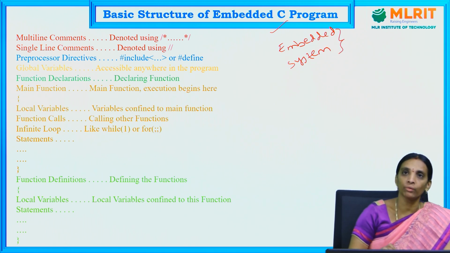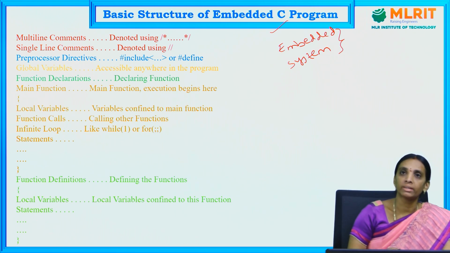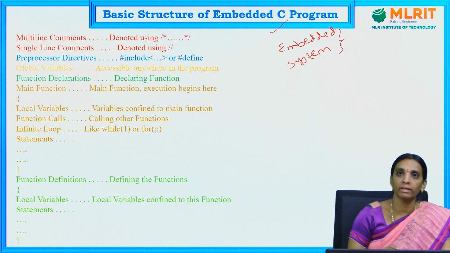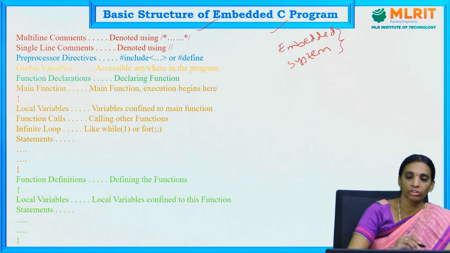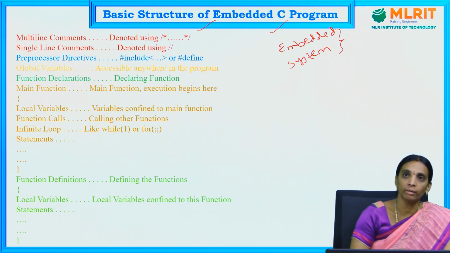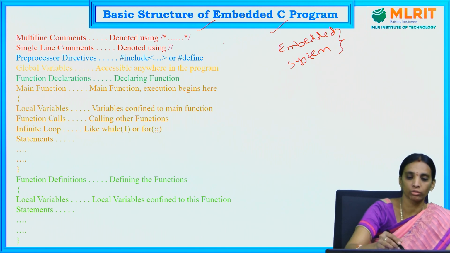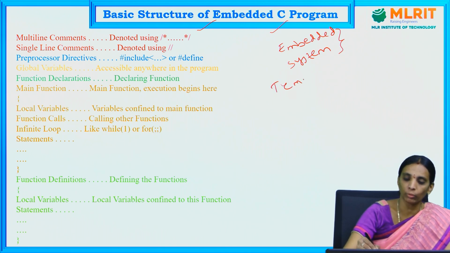So now we have to learn the basic structure of an embedded C program, what are the components and what are the methods to be used for writing embedded C programs. The basic structure of embedded C programming contains the template of the embedded C programming, so it is also called the template of the programming.